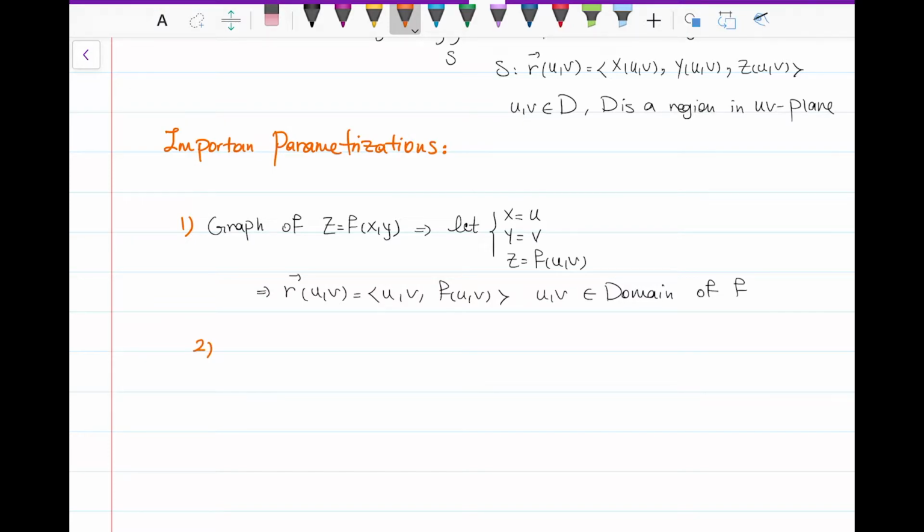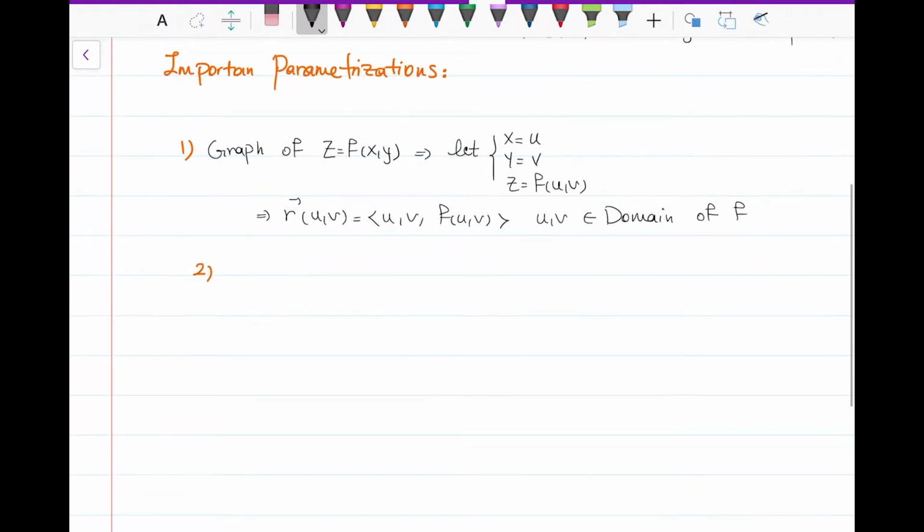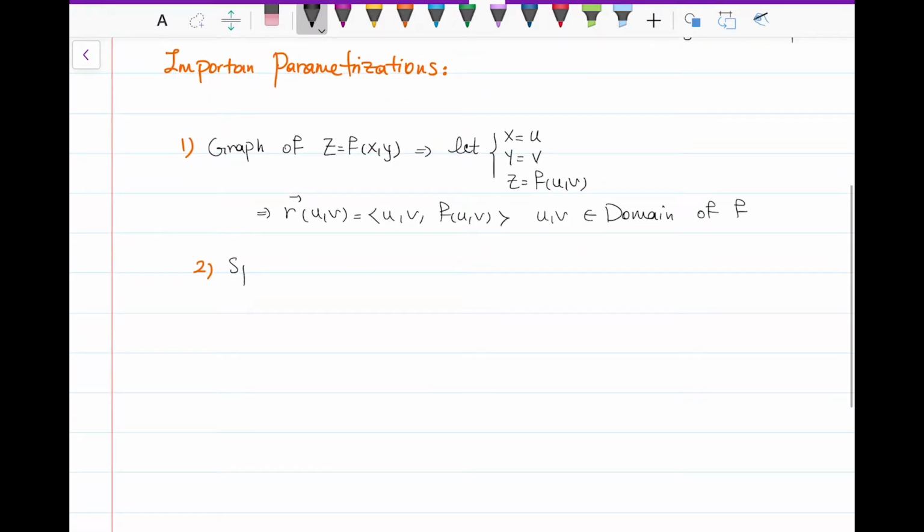The second surface that we're going to parameterize is the sphere. A sphere of radius a, centered at the origin, has this equation: x squared plus y squared plus z squared equals a squared. I'm going to parameterize that sphere.